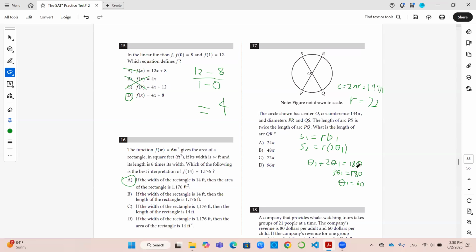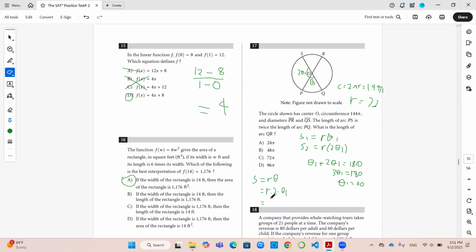Okay. So since we know this information here, I'll write this down: theta 1 over here, and this is 2 theta 1. I can now determine the relationship and what the length of QR is. So S equals R theta. So we have R times 2 theta 1.